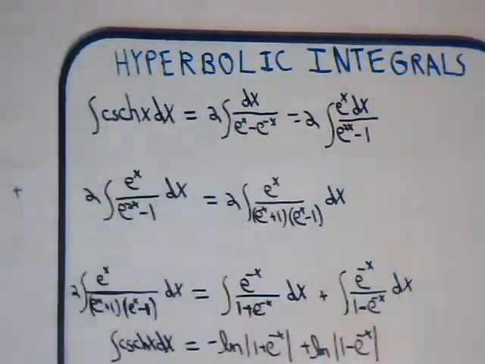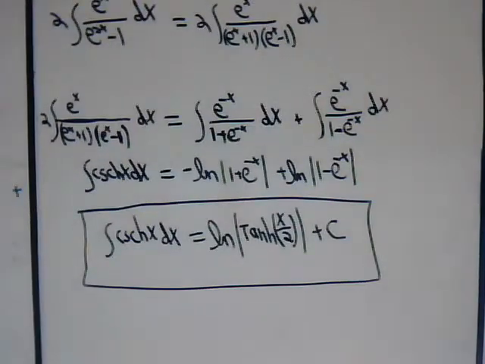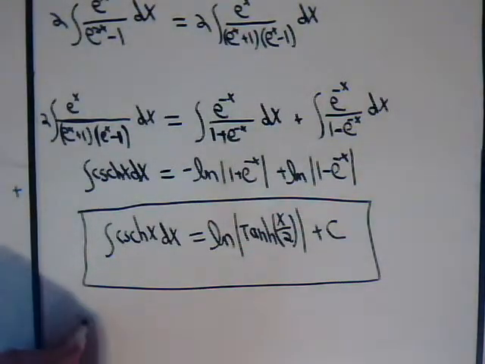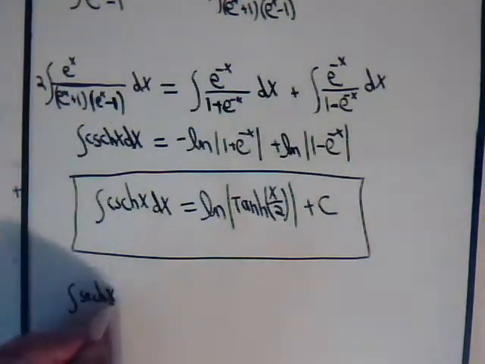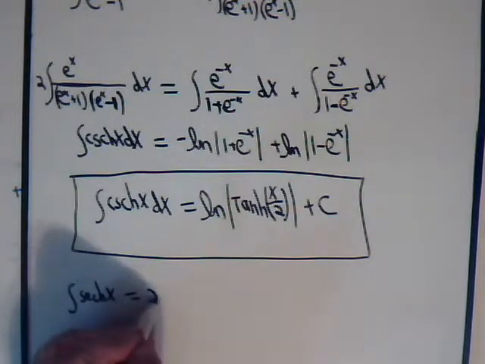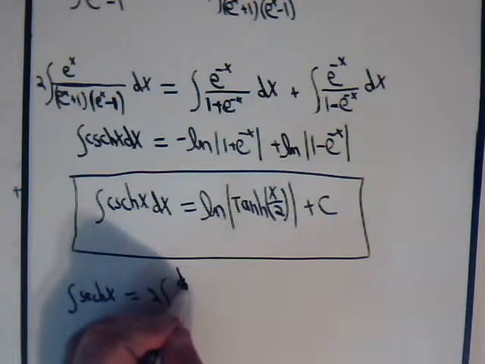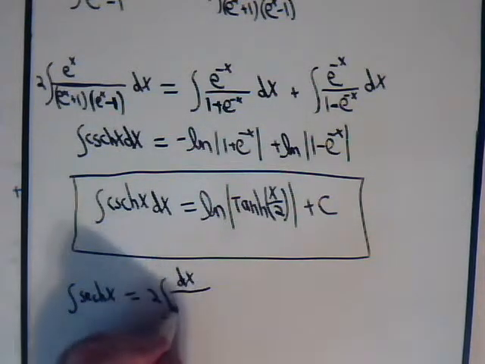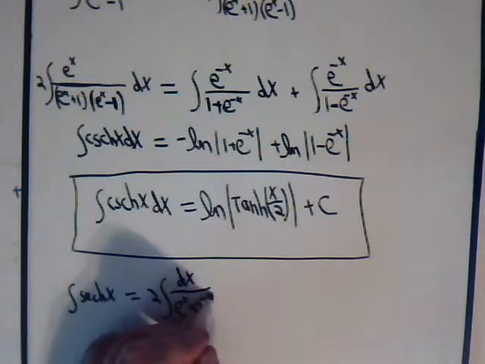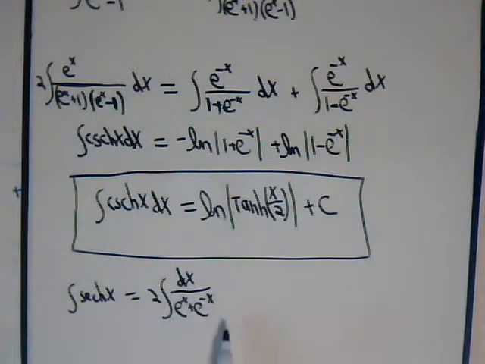When we tried this approach, though, when we had this problem, and we said that's 2 times the integral of dx over e to the x plus e to the minus x, and we went ahead and worked with this, that gave us a very complicated answer.